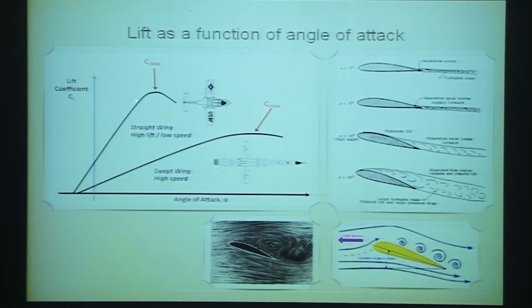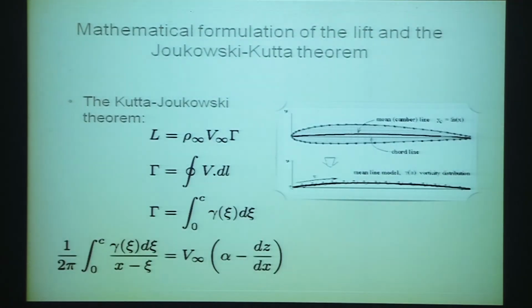One has to be very careful in flying about the stall speed of the aircraft. The stall occurs because of this flow separation, and this is the main practical issue in flying.